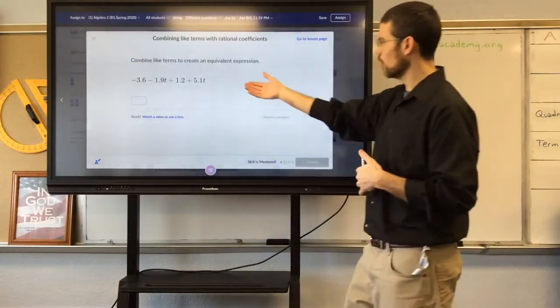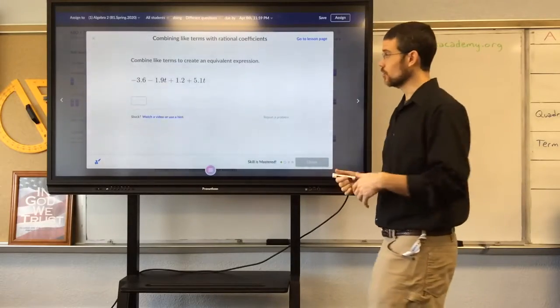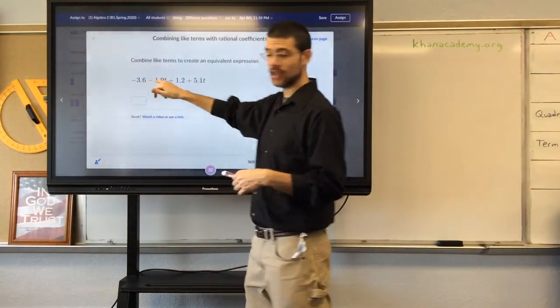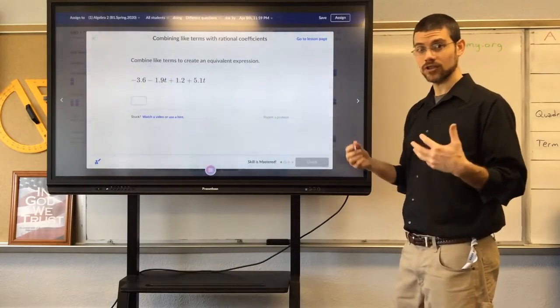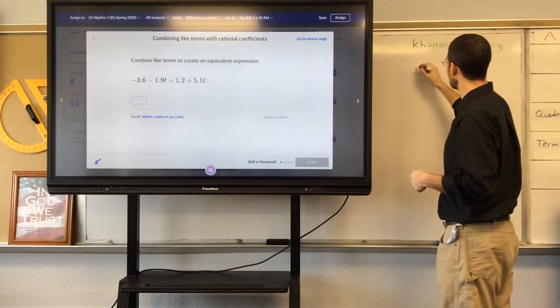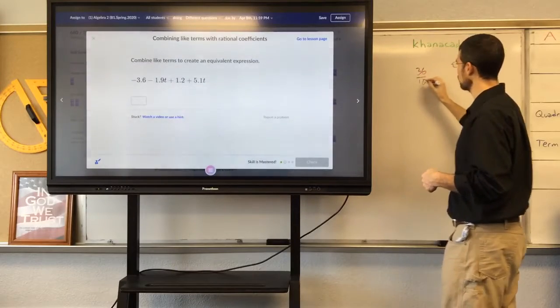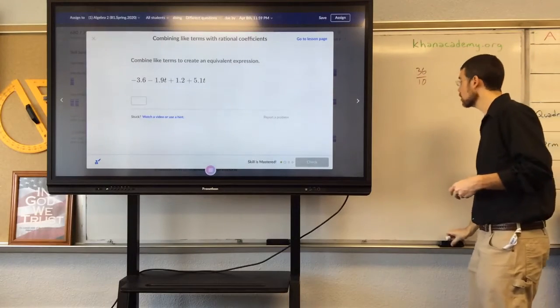Combine like terms, so now they gave us some decimals, that's fine. Those are rational also because this 3.6 or 3 6/10 can be expressed as a number of tenths. That's 36 tenths. 36 tenths is a rational number because the numerator and the denominator are both integers.